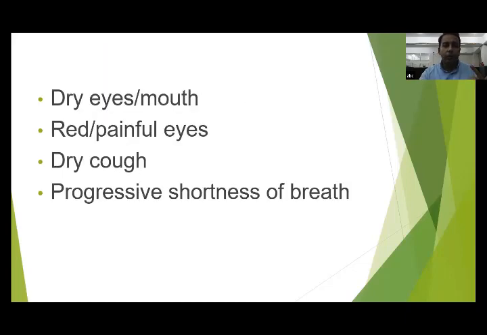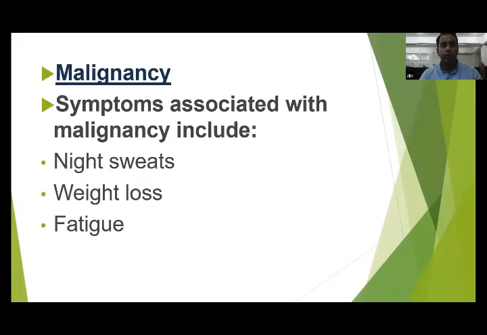Dryness of mouth: think about Sjogren syndrome associated with SLE or RA. Red eye, dry cough, progressive shortness of breath, and so on. Malignant disorders: digestive, night sweat, weight loss, and fatigue. Same definition I told in detail for everything.